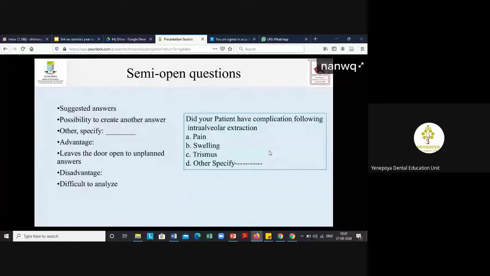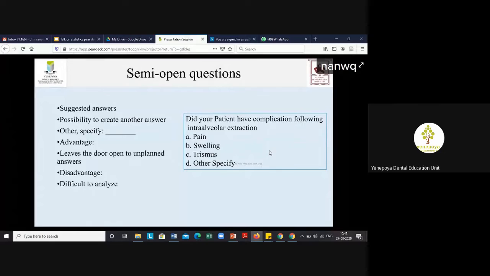So it will add to the knowledge pool of what is already there. This is an example of a semi-open question. The advantage is that it leaves the door open to unplanned answers, and the disadvantage is, again, whenever you have an open-ended question, you have to go through an elaborate process, so it is difficult to analyze.